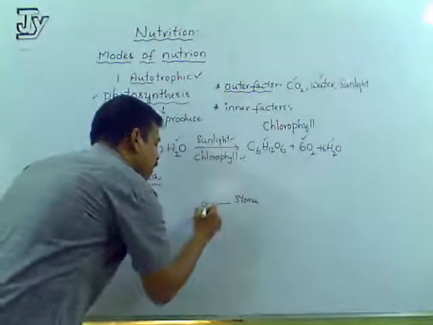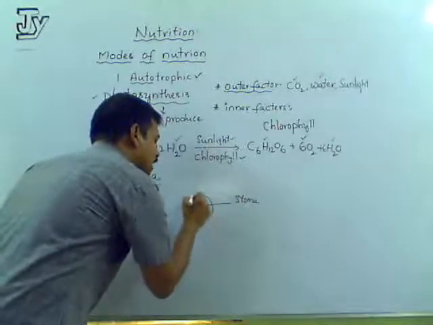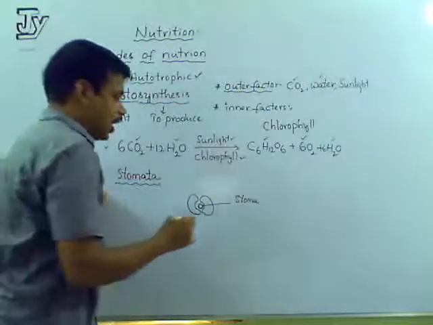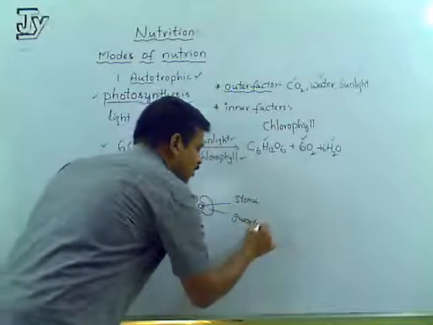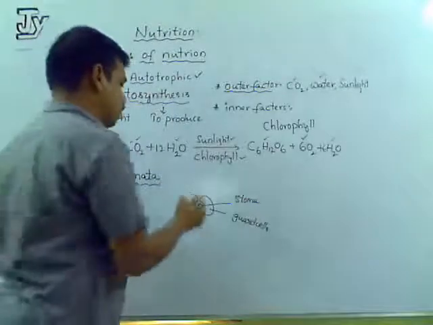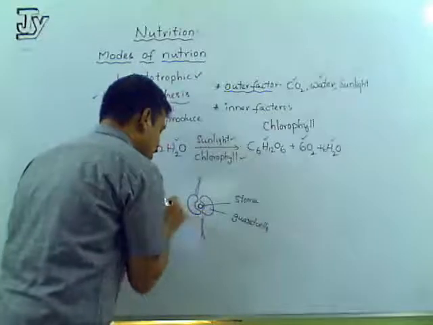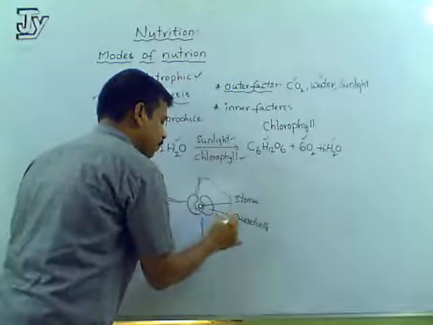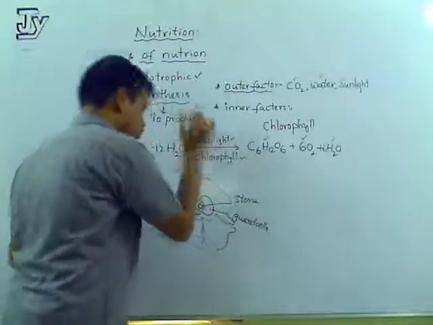The stoma is protected by bean-shaped structures called guard cells. So we observe a figure like this. This is the structure of stomata.